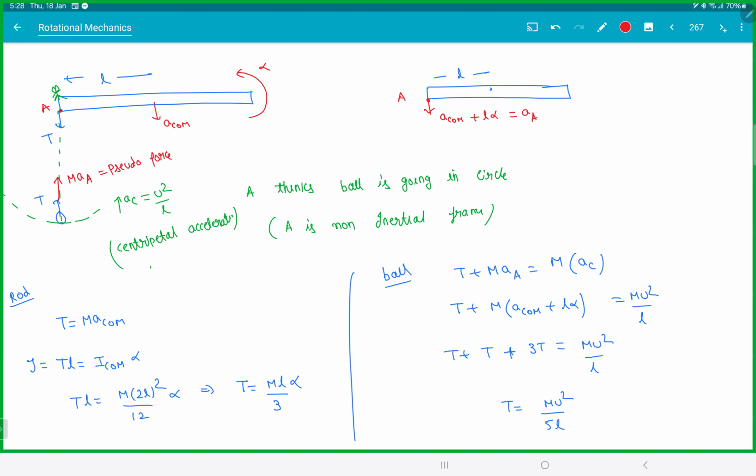Now we want final omega. Look at the word final, it means it's talking about conservations. The words in the question are important. Maybe you guys are not realizing now, but when you make it a habit, in the exam, the moment you see the question, you know what to do.